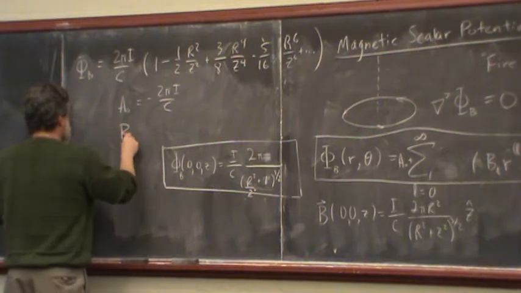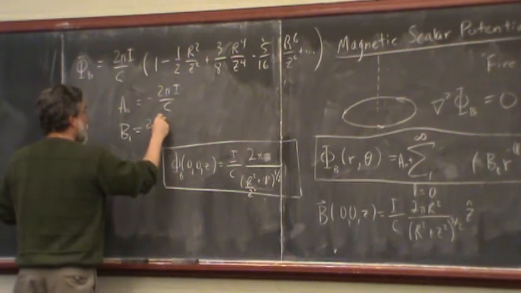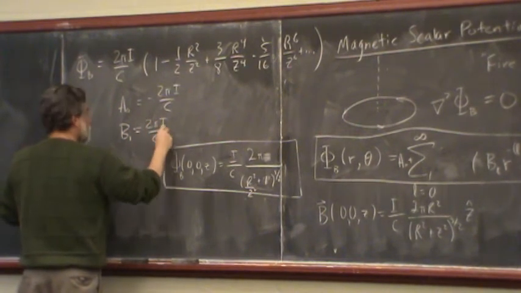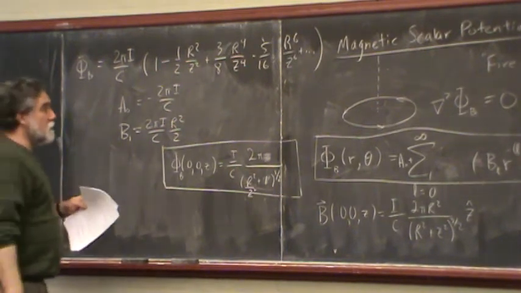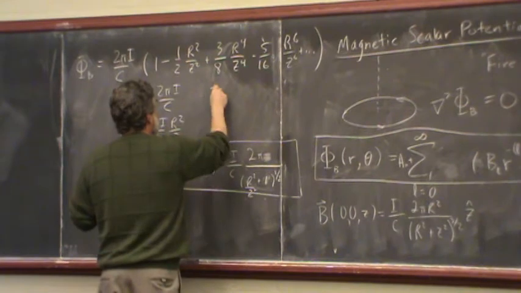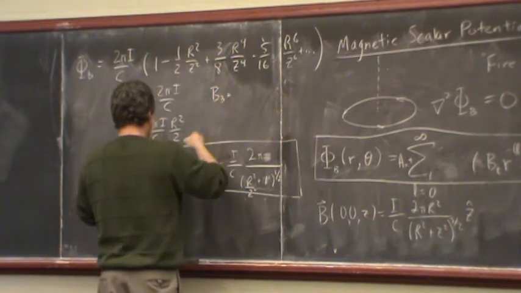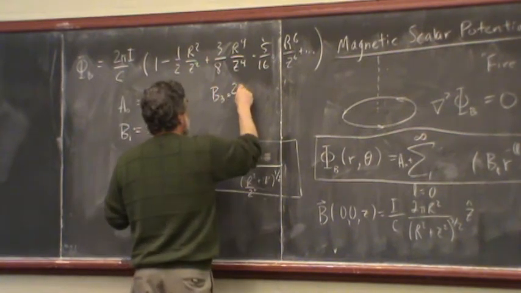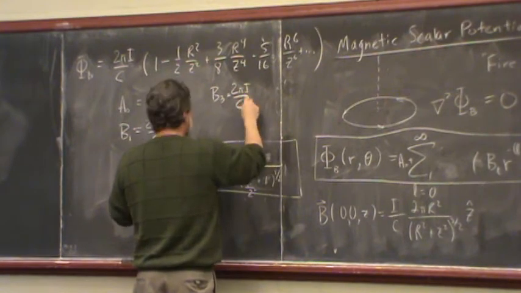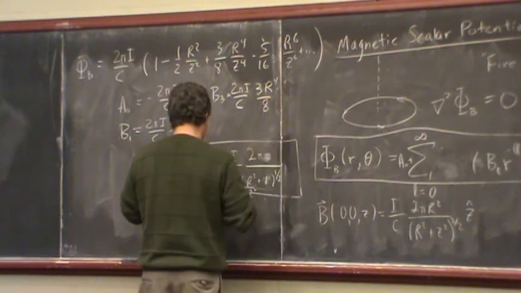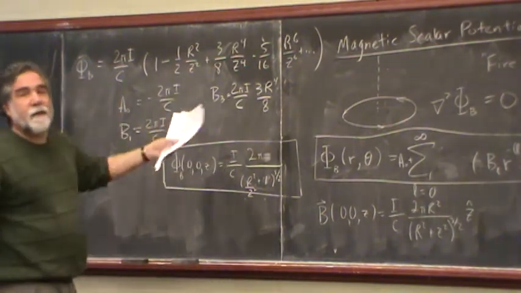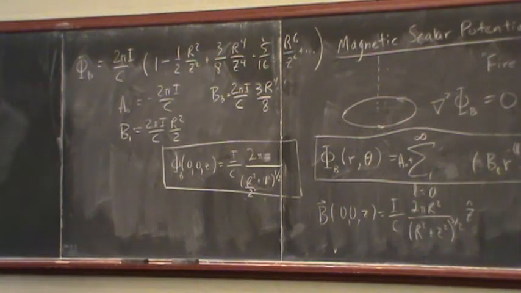I have B1 is 2 pi I over C times capital R squared over 2. B3 is 2 pi I over C 3 R to the 4th over 8. B5, I can find out what B5 is, right?